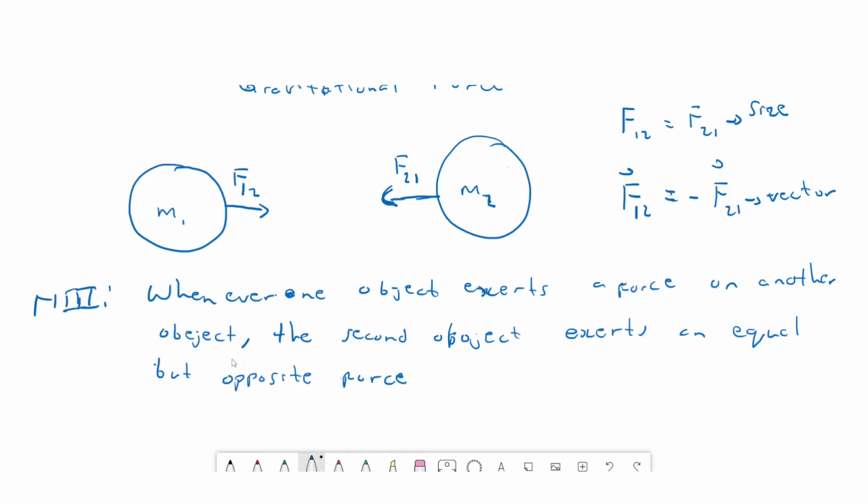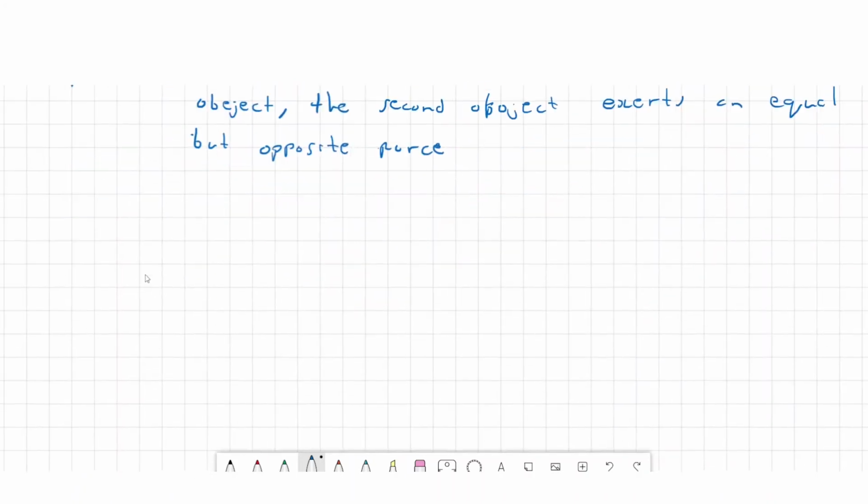So it's going to be equal in magnitude, but it's going to face in the opposite direction. We're going to come back to Newton's law of gravitation. Let's just explain Newton's third law and then we'll come back to gravitation after that.